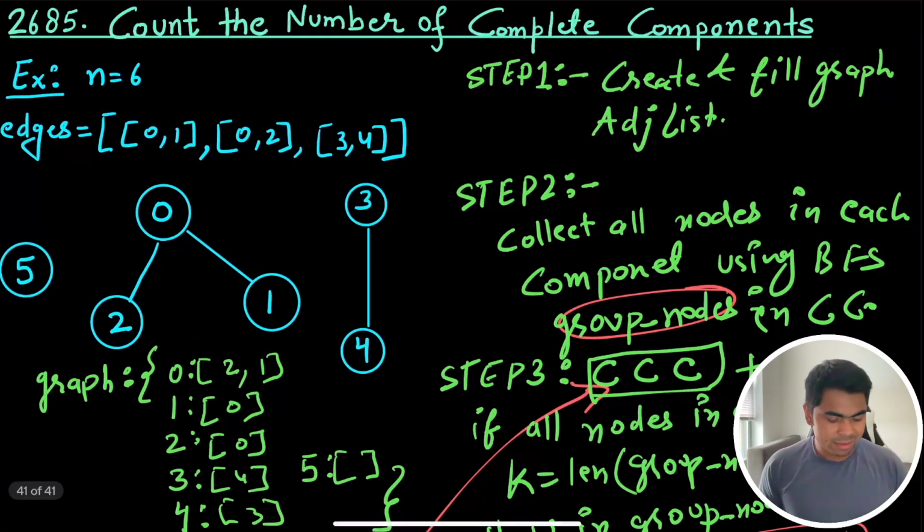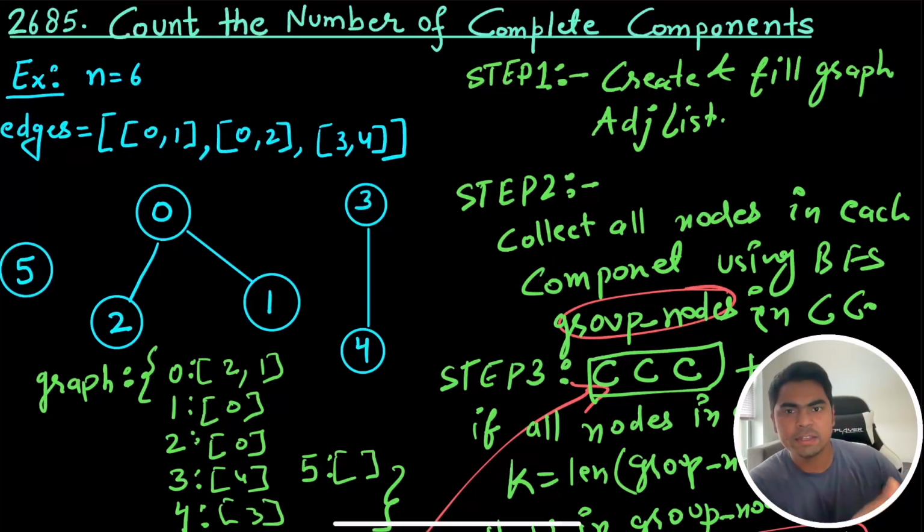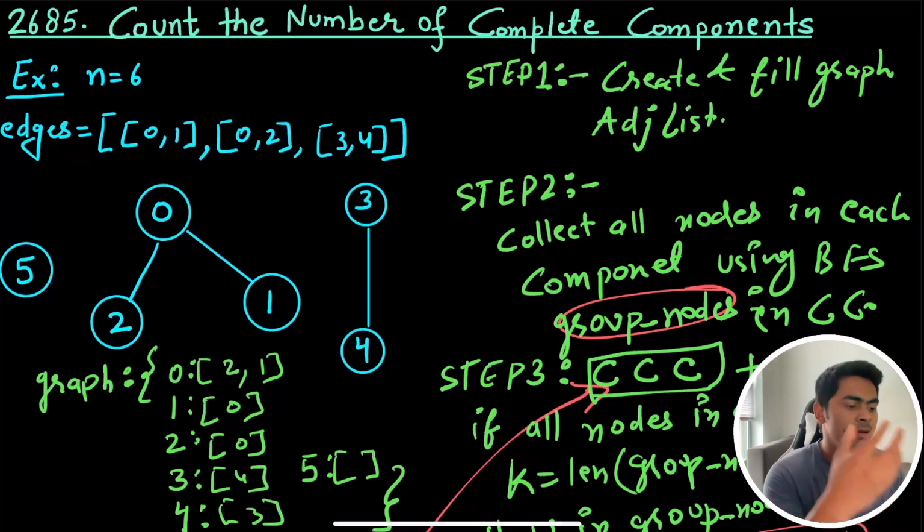And honestly, these are all simple steps. We know how to create a graph adjacency list. Then we also know how to run DFS or BFS on a given graph, and we will be doing it to collect all the nodes in the connected component.